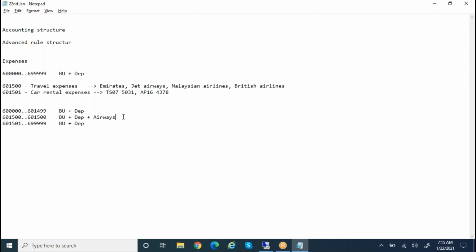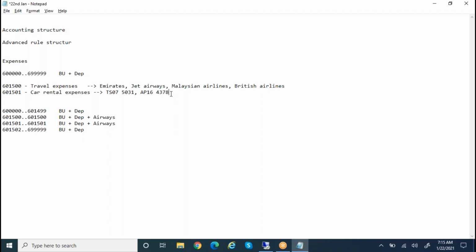Then I need to create one more. My configuration should be 501 to 501, and then this is 502. Agree with me? So I need to create n number of structures for a specific ledger account.